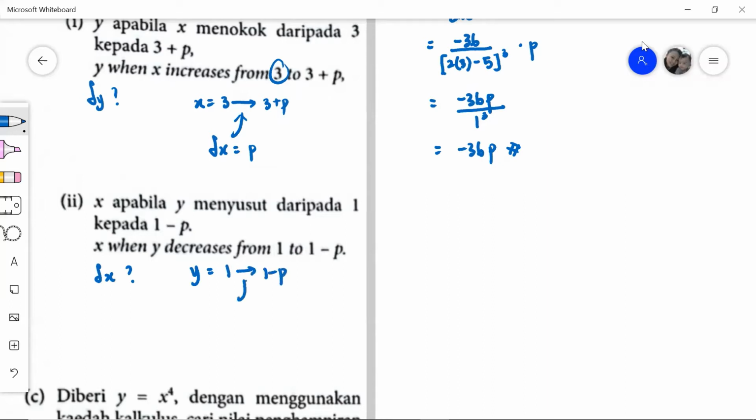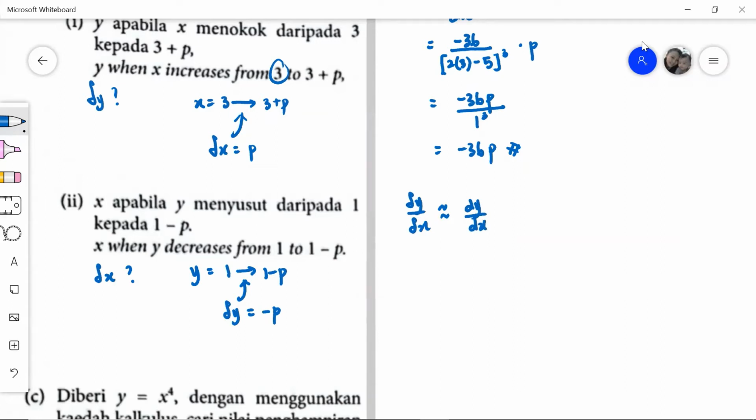So delta y is negative p, because negative shows that it is decreasing in value. We use delta y by delta x approximately equal to dy by dx.